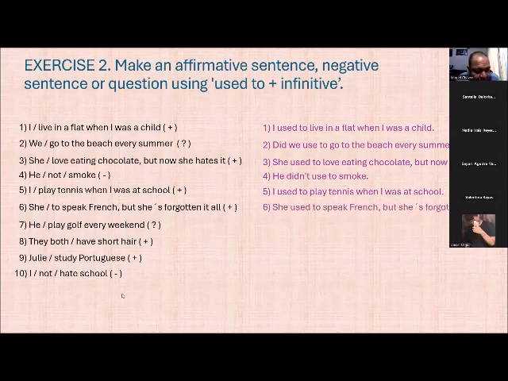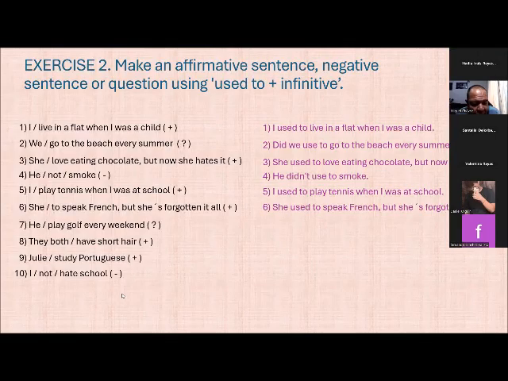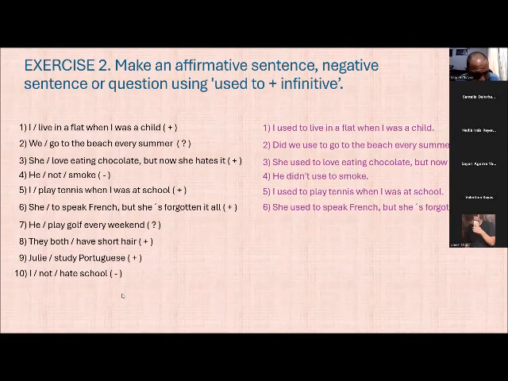Okay, number 8, please. A volunteer for number 8. Nadia, please. Number 7. I'm not sure if I'm right, but I think it could be: did she use to play golf every weekend?